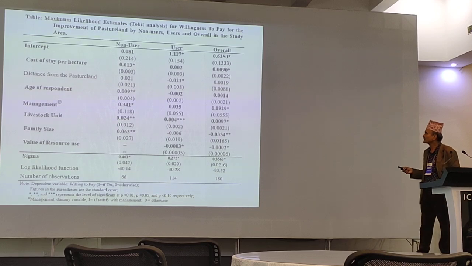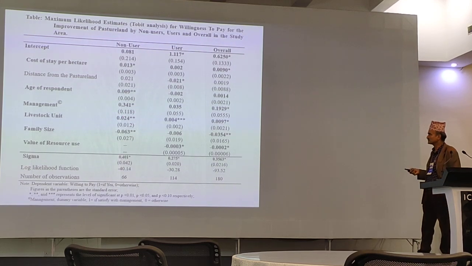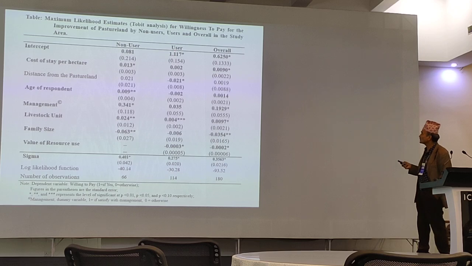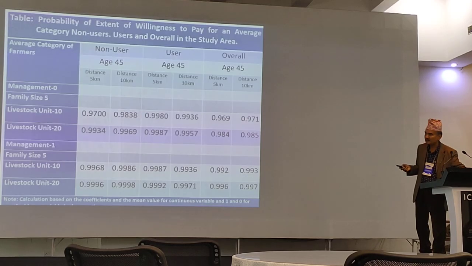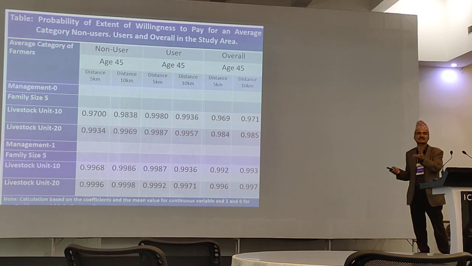What we find is that the cost of the state is significant. Similarly, age, and the management aspect. Other livestock unit also is significant, and family size is negative. On the basis of this willingness to pay, I changed to the probability of the extent.